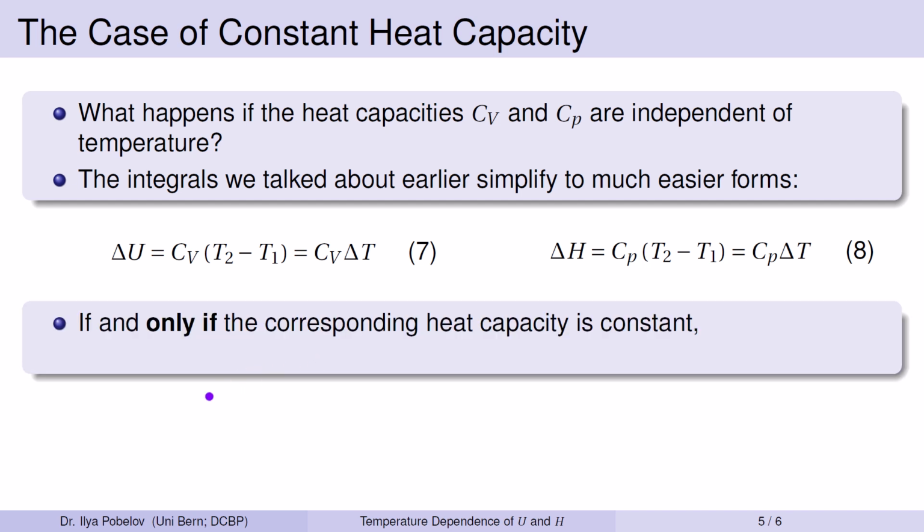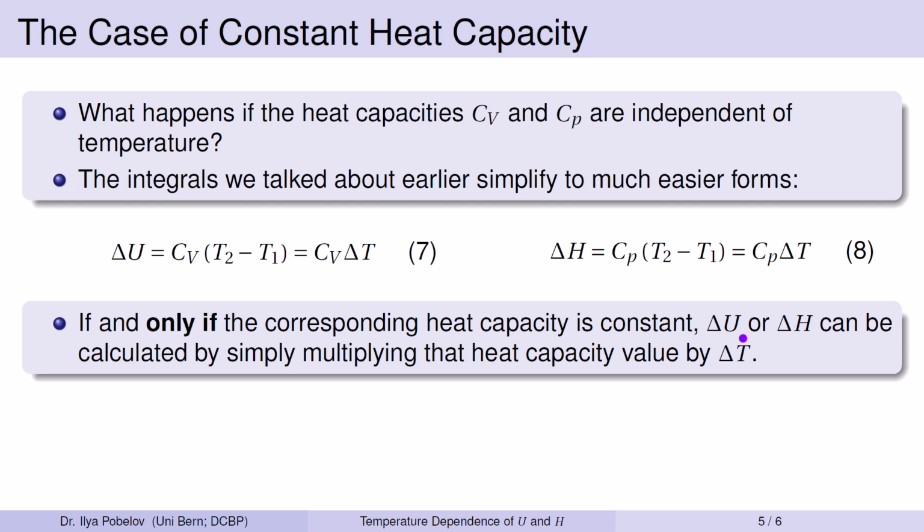This means that if and only if the corresponding heat capacity is constant, the change in internal energy or enthalpy can be calculated by simply multiplying that heat capacity value by the temperature difference.